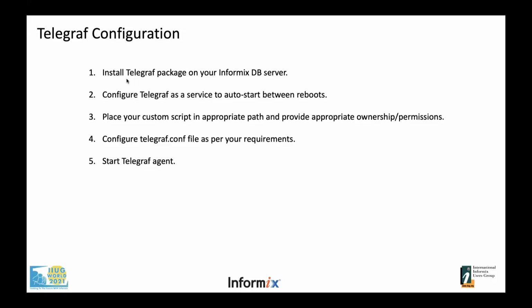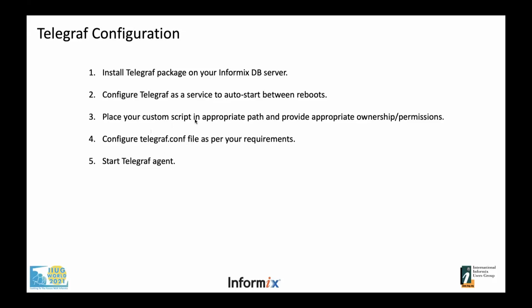But to get the Informix metrics, we had to write a custom script, in Bash, and then provide appropriate permissions and ownership to this script. Then configure the telegraf.conf file with your requirements: the frequency of running to push the metrics, your custom script, and the CPU, memory, etc., and what intervals you want to send that data.